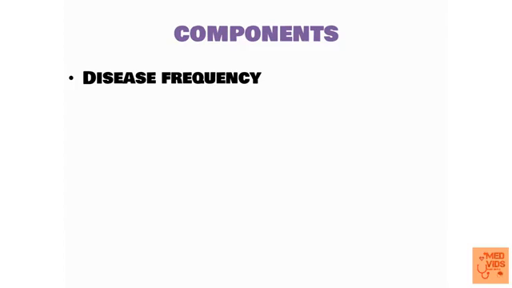So the rates and ratios are used to identify disease frequency in a population, and this data which we calculate, the frequency of the disease in that population, can be compared with the other states, the neighboring states or other states or countries, and based on this data the health programs can be made and the diseases can be controlled and the health of the target population can be improved. Okay, so that's the importance of studying disease frequency. So you must remember that disease frequency is usually expressed in rates and ratios. That's the most important point here. Other things you can just recollect by watching this video again.